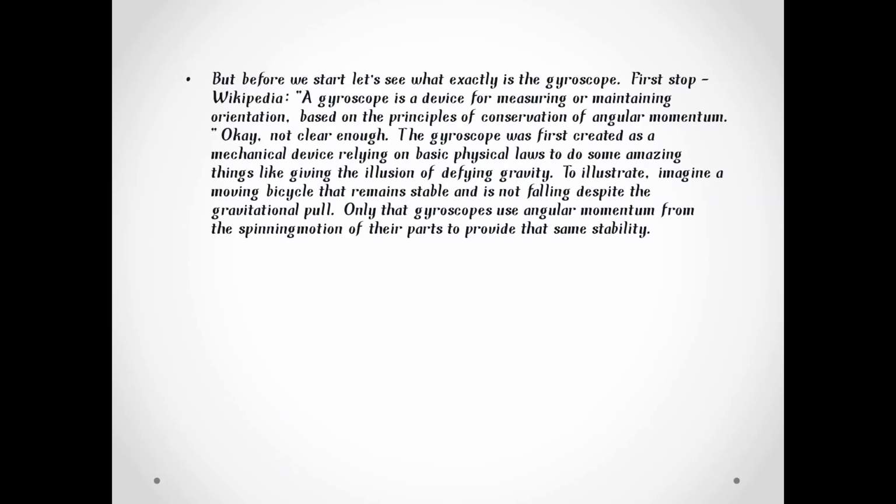The gyroscope was first created as a mechanical device relying on basic physical laws to do some amazing things, like giving the illusion of defying gravity. To illustrate, imagine a moving bicycle that remains stable and is not falling beside the gravitational pull. Only that gyroscopes use angular momentum from the spinning motion of their parts to provide that same stability.